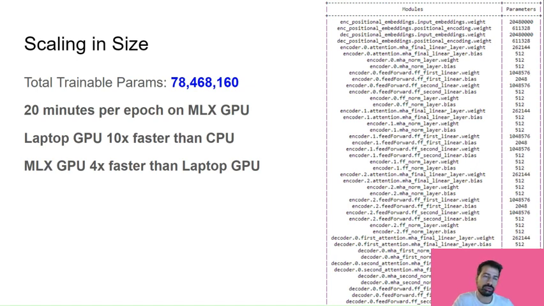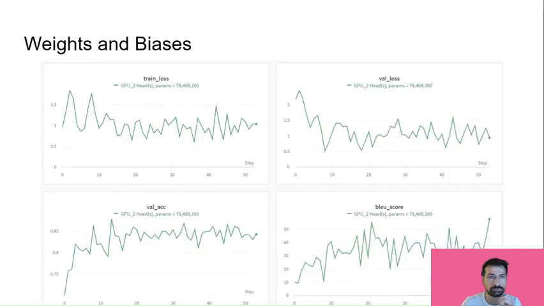So, for example, it was taking about 20 minutes to train per epoch on the Machine Learning Institute GPUs. And what I noticed is that my laptop's GPU was 10 times faster than the CPU when training it on the CPU, and the Machine Learning Institute GPUs were four times faster than my laptop's GPU. So yeah, that was quite interesting.